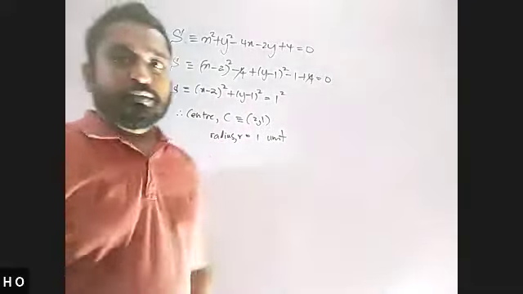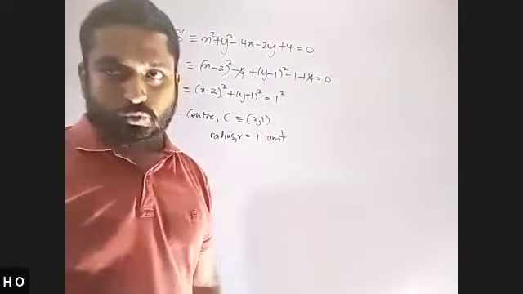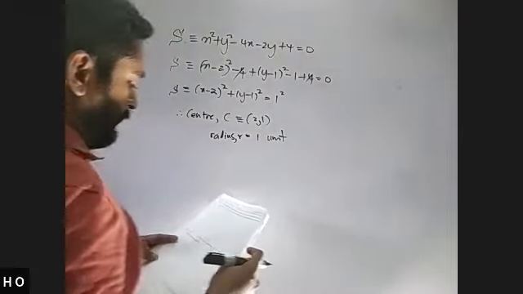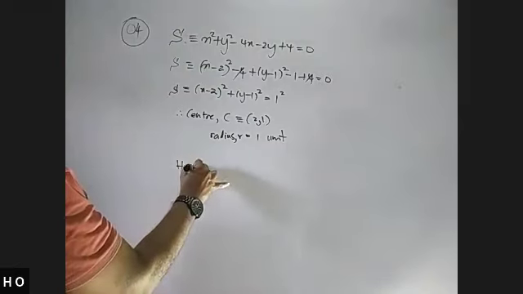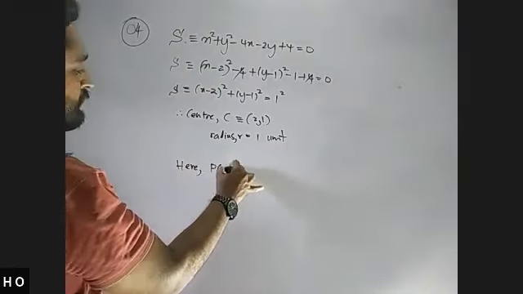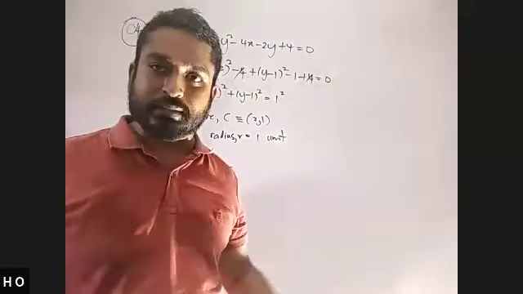Clear? It is better to do by the basics without going for the short methods, even for the short question. Right. Next, so that the point P lies outside, you have to find here PC length. Why do we find PC length? If PC length is greater than the radius, it is outside.